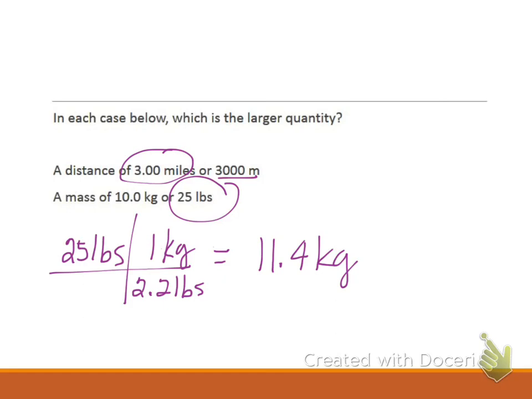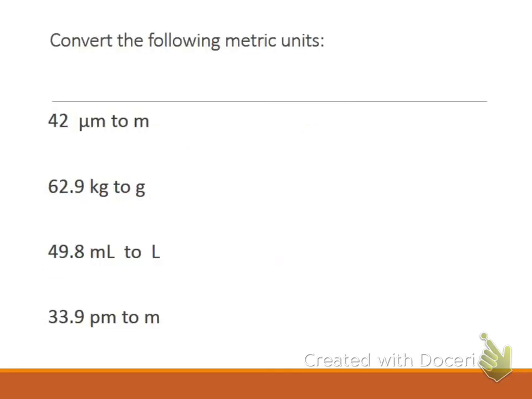So now let's actually practice some unit conversions with our metric, because the best way to memorize them is to use them over and over. Okay. How many centimeters in a meter? 100. How many milliliters in a liter? 1,000. How many grams in a kilogram?